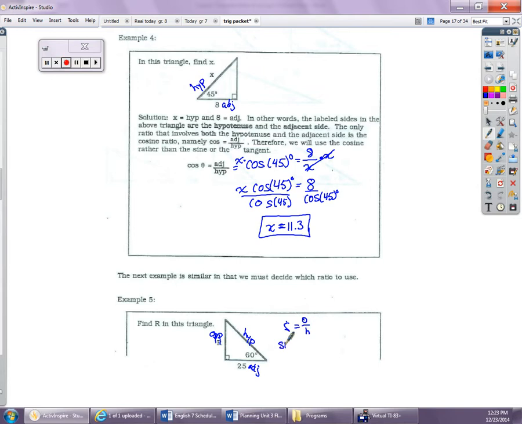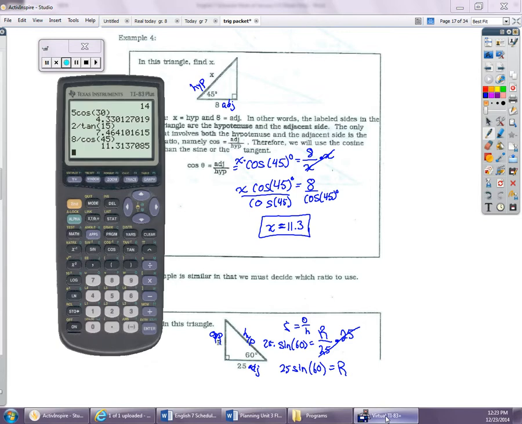So the sine of 60 degrees equals the opposite, which is r, over 25. To solve this, we multiply by the denominator, so I multiply by 25. They cross off. So now I have 25 times the sine of 60 equals r. So we plug it in.